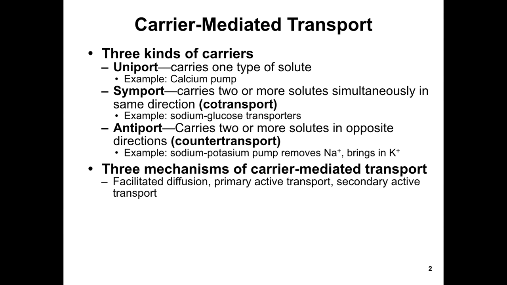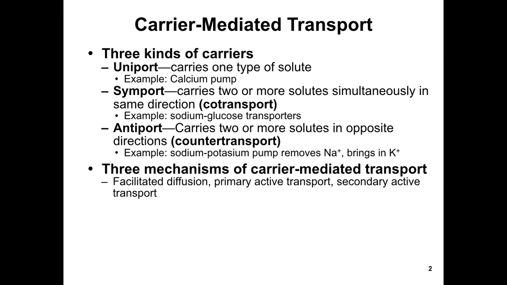There are a few different mechanisms by which things can get across the membrane. We've talked about how water gets across the membrane, and we said that there was a special protein called an aquaporin, which is basically a little hole, a little door, that only water can travel through.